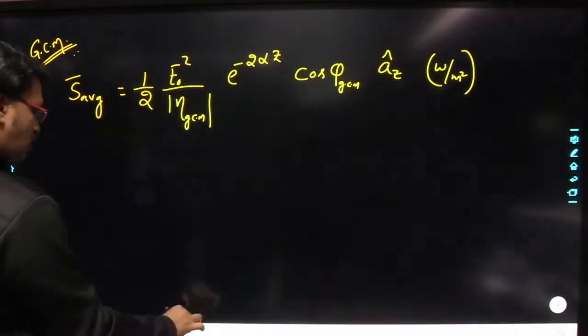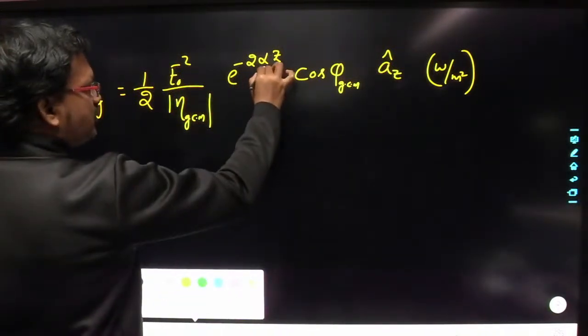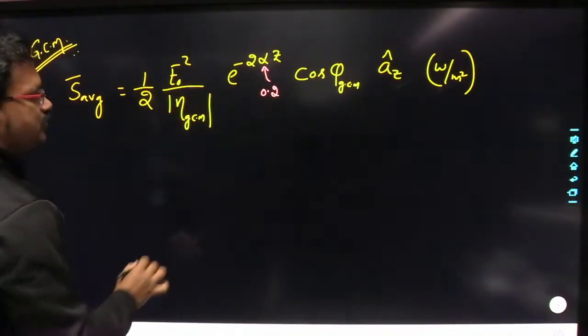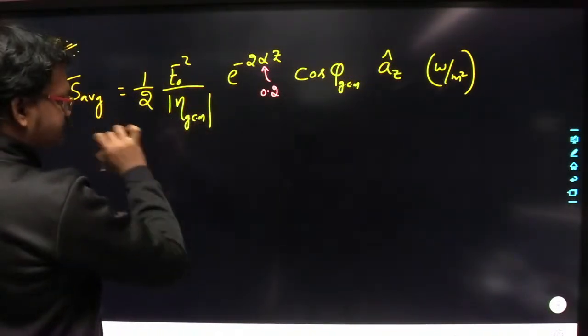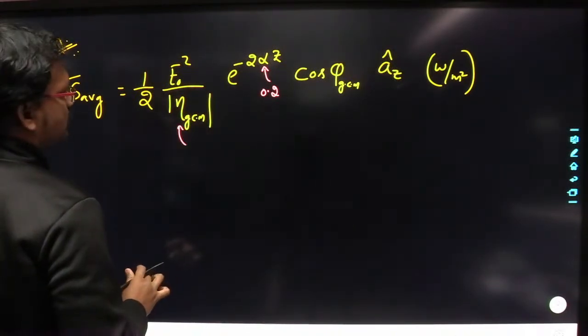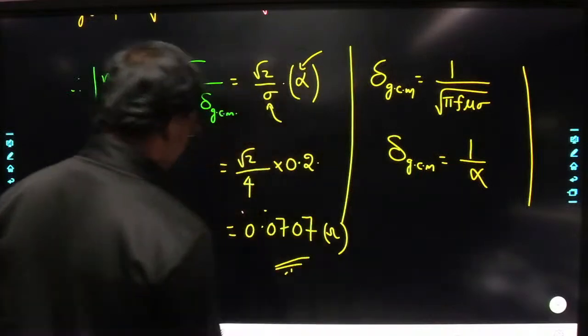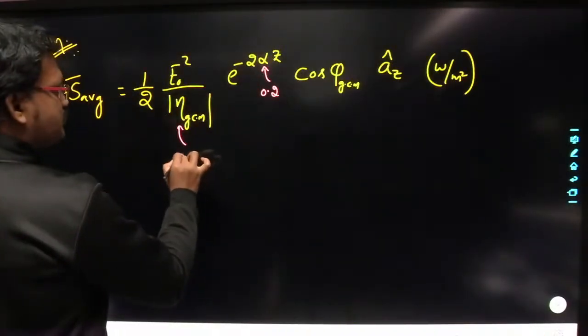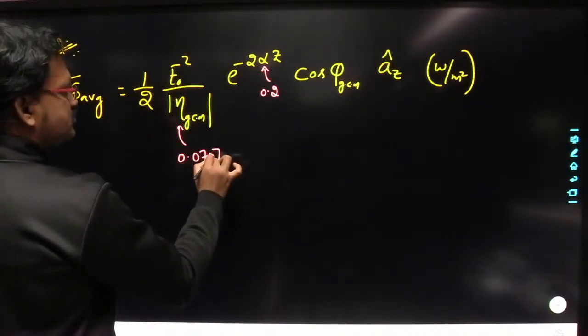Now just substitute all the values here. We know that alpha is 0.2. Just now we have determined the magnitude of eta, 0.0707.